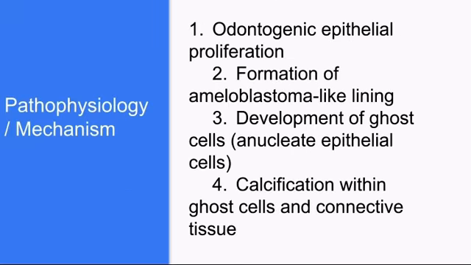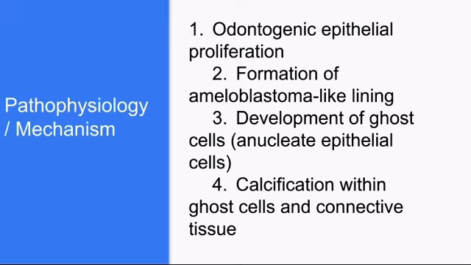Now, coming to the pathophysiology, or the mechanism of how it works: the development of COC happens in steps. The first step is proliferation of odontogenic epithelium. After that, formation of an ameloblastoma-like epithelial lining is seen, which leads to the development of ghost cells, which are eosinophilic cells without nuclei.